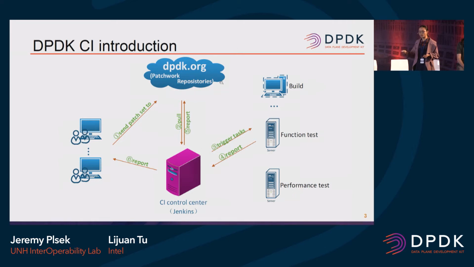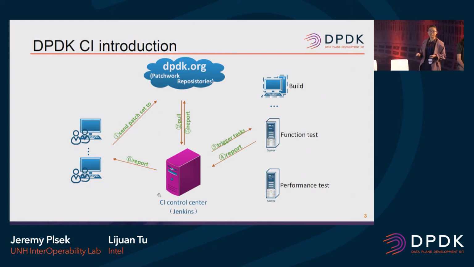The test beds will do their own tests, and the reports will go back to the control center. The control center collects all the reports, and they go back to DPDK.org. Maybe developers don't want to get reports for tests that passed, and only want the reports that failed. So we will only send back the reports that have errors or failures to the developers.